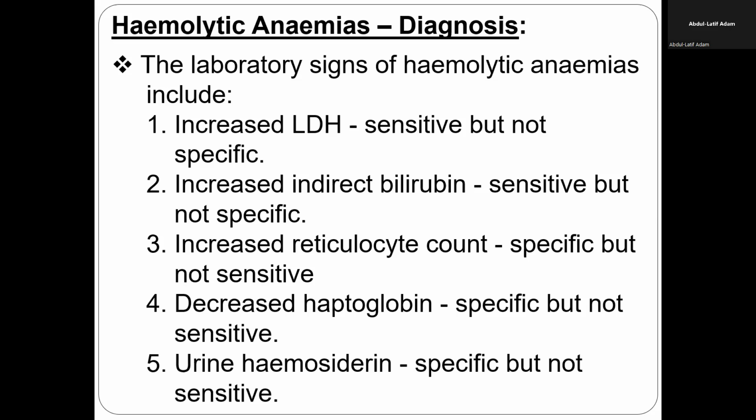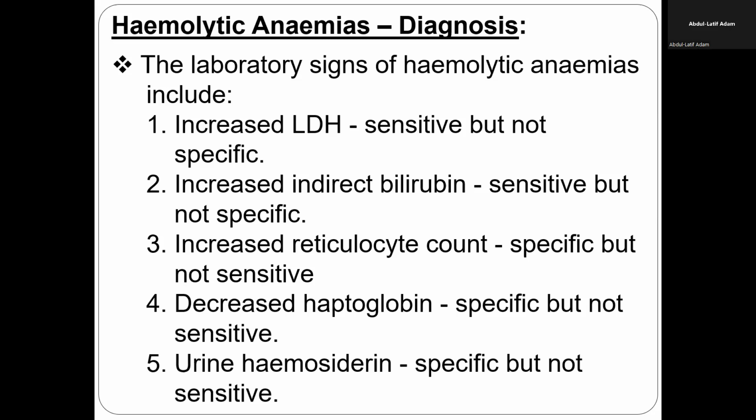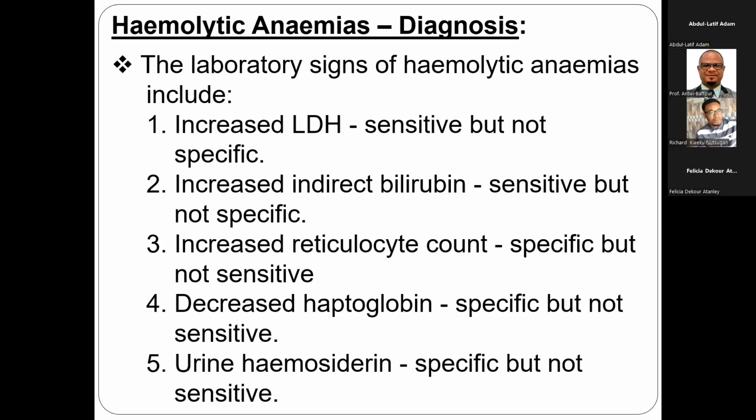It's not because their number is reduced and things like that. So the bone marrow, being active, will try to compensate, and it's not getting mature cells, so it will ship some immature cells out to compensate. Then we have decreased haptoglobin, which is also specific, but may not happen in all cases. And urine hemosiderin, the same thing.